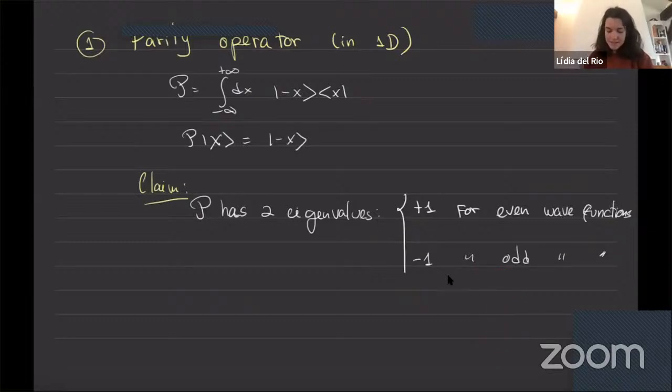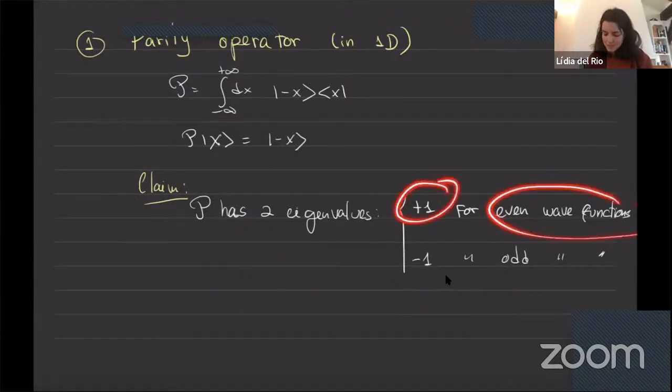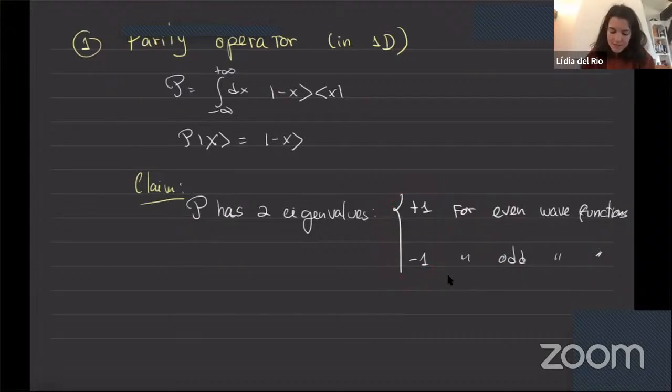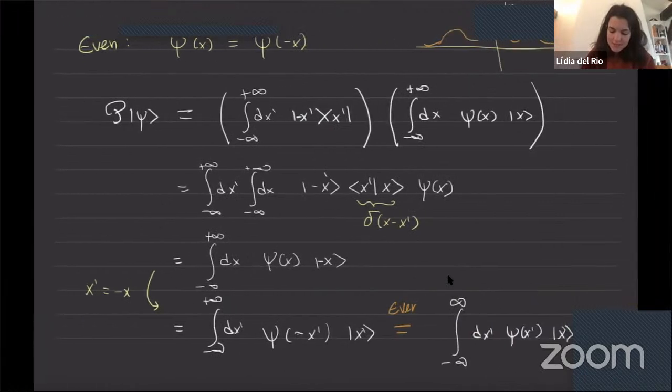Okay? So that's the claim. We're going to prove it in 3 steps. First, we're going to see that for even wave functions, we get +1. Then we're going to see that for odd, we get -1. And then we're going to prove that these are the only 2 eigenvalues of the operator. So let's start. What's an even wave function? This is when psi of x is the same as psi of -x, okay?